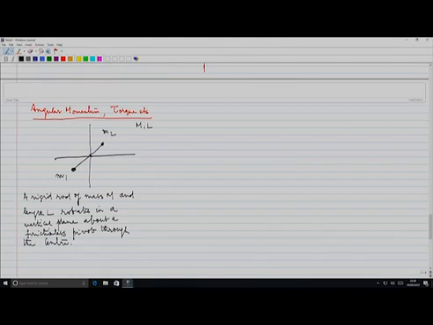What are the various quantities which can be calculated? First, there is the moment of inertia of the system.